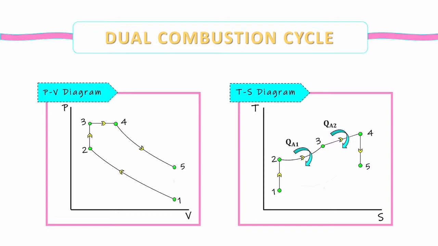the system. And lastly, process 5 to 1, which is isometric heat rejection process. In this phase, the cycle completes by a constant volume process in which heat is rejected from the air while the piston is at bottom dead center. The working gas pressure drops instantaneously from point 5 to point 1.